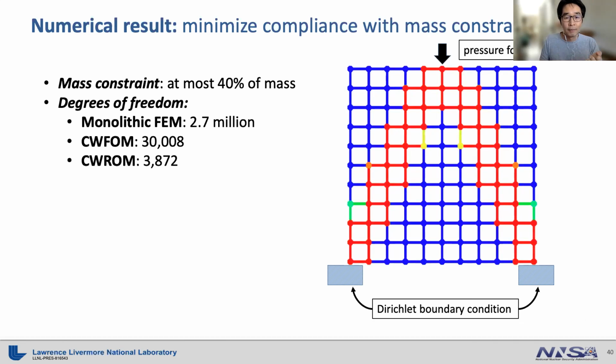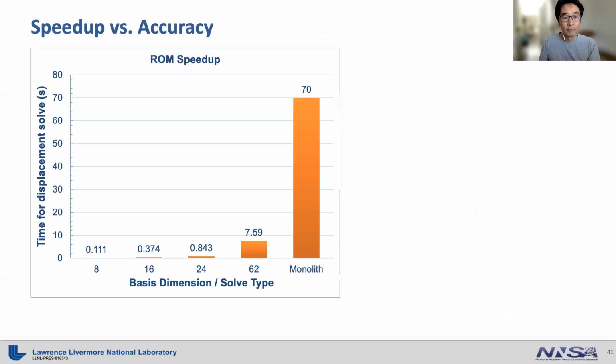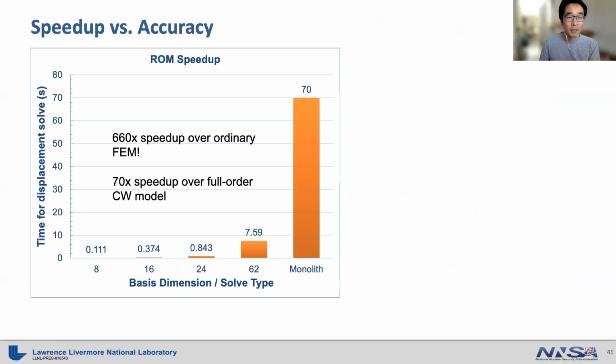And we solve this problem using the monolithic finite element, and also the component-wise reduced model. And if we compare the speed up, we obtain like 660 times speed up compared to the monolithic finite elements.